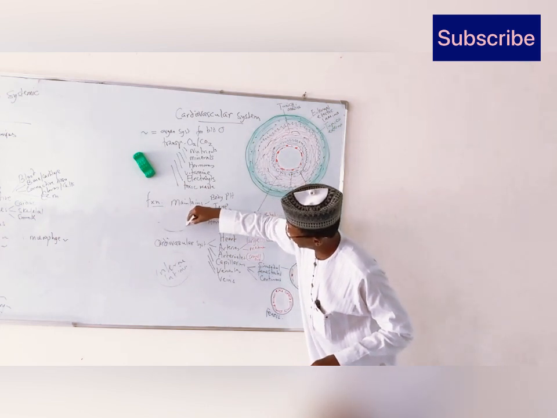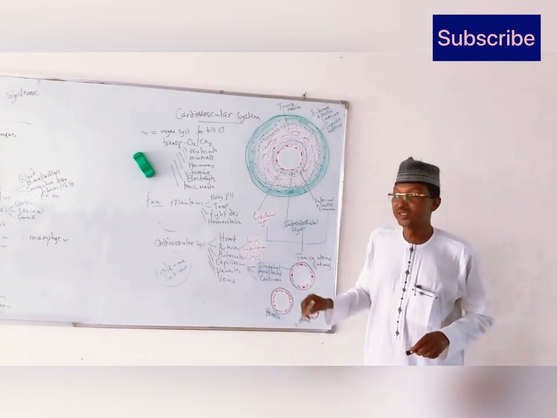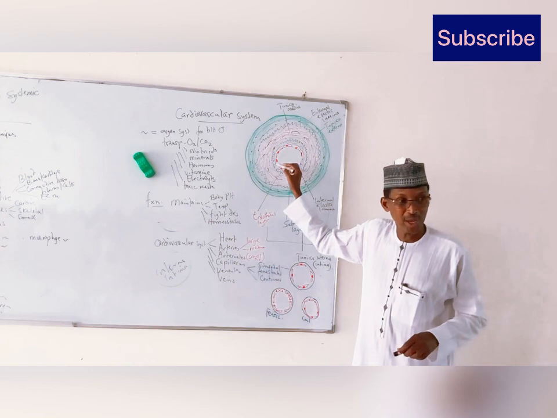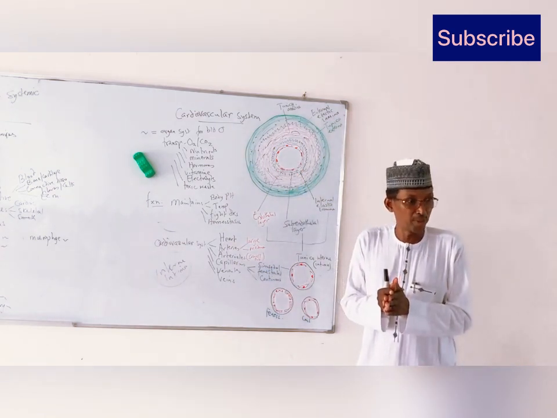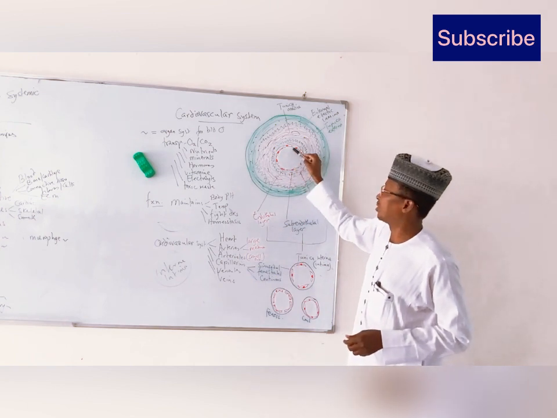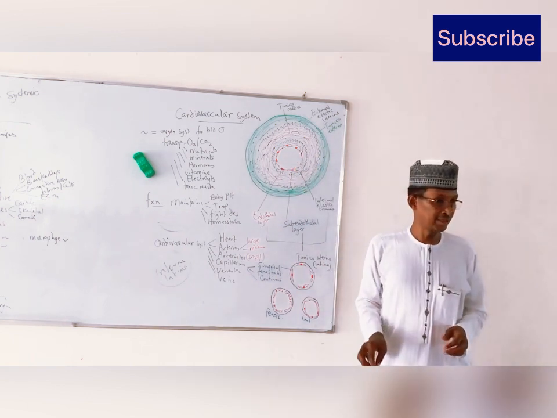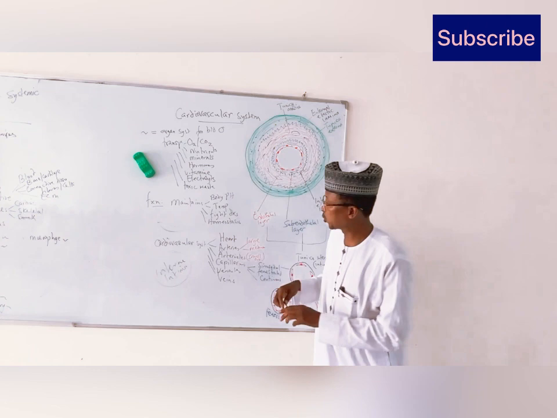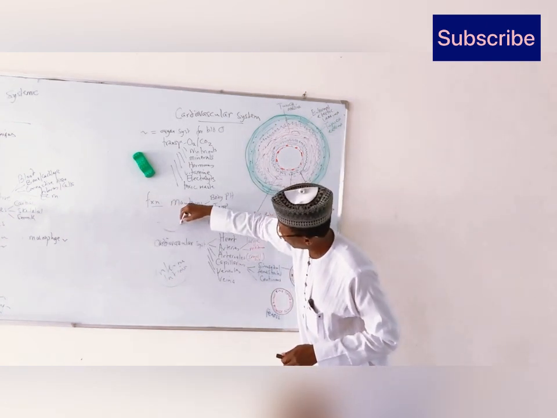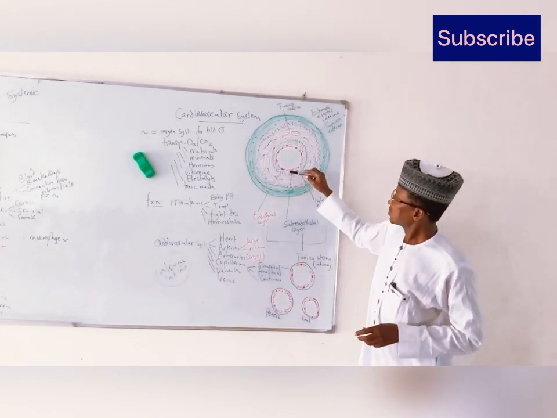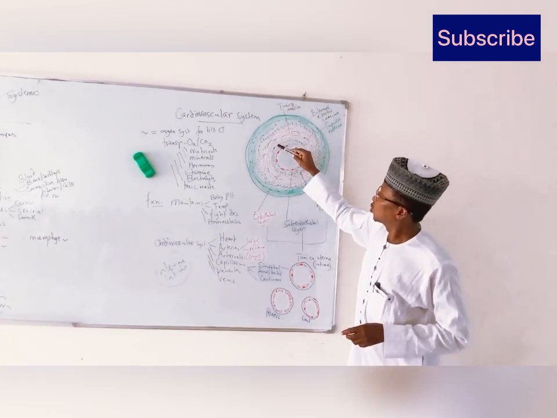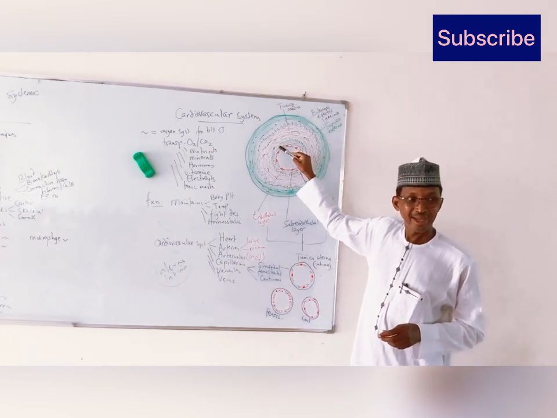It's not going to be round like this one. So the veins are collapsible. You get my point? So the lumen is not going to be round like in the artery, but with regard to the veins, they are going to be collapsed like that. That is one.